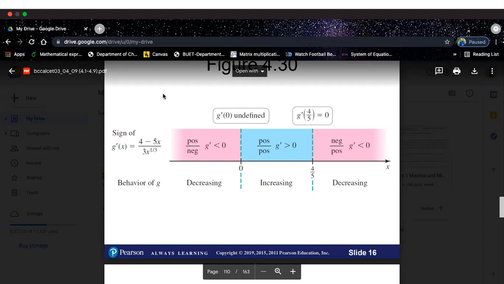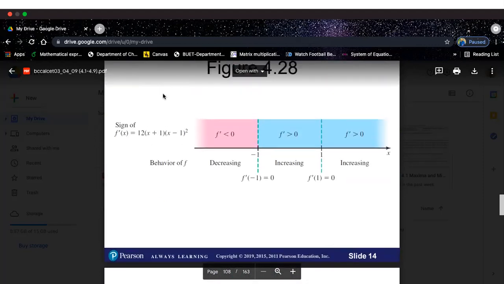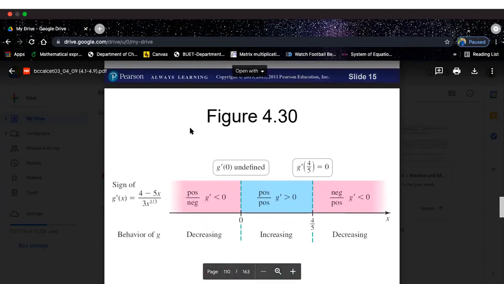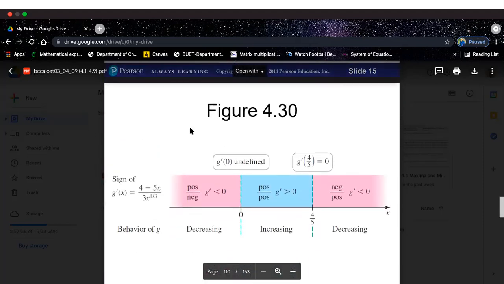So if it's a normal polynomial like this one, we know that we just need to set this to 0 and solve it for x. But that's not the only case for a fraction. We have more things to do, right? If you remember. What's that? For a fraction, we have slightly more things to calculate.